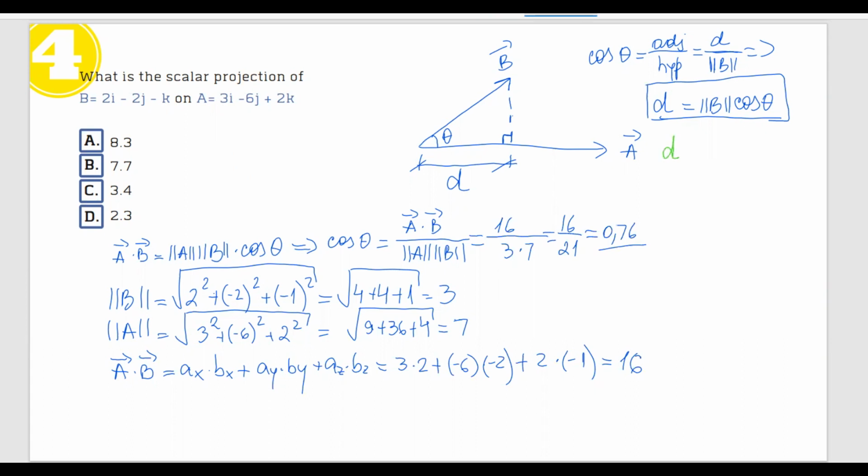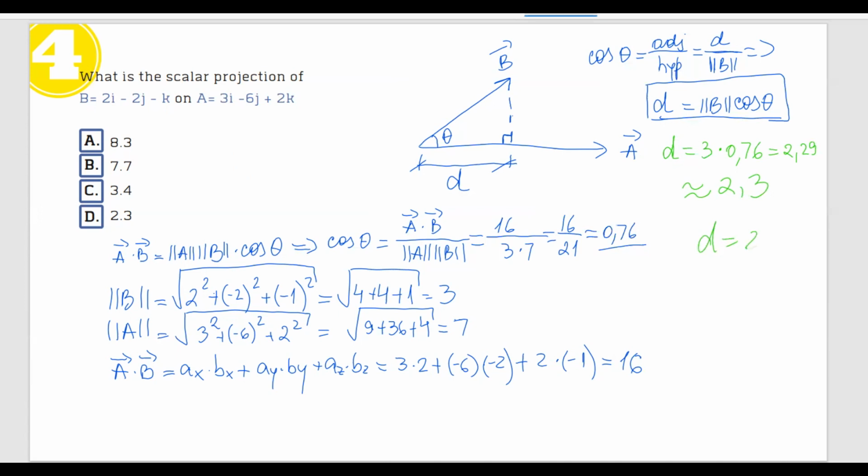So now D is going to be equal to magnitude of B, which is 3, multiplied by cosine of theta, which is 0.76. And this means that I get D equals 2.2829, which is approximately equal to 2.3.